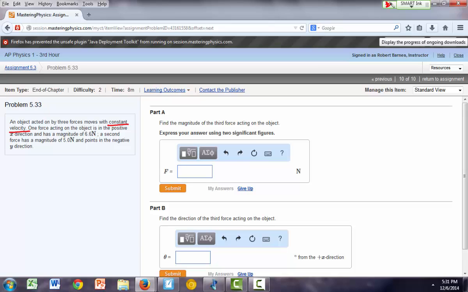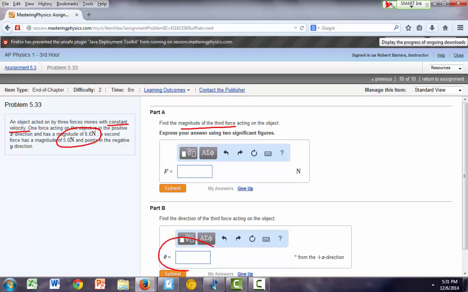So you find, very much like we did the very first problem in this problem set, the resultant of the two forces you know, and then you find the opposite x and y components in the opposite direction. That is going to give you the magnitude of the third force, and it's going to be acting 180 degrees from the direction of these two forces together.